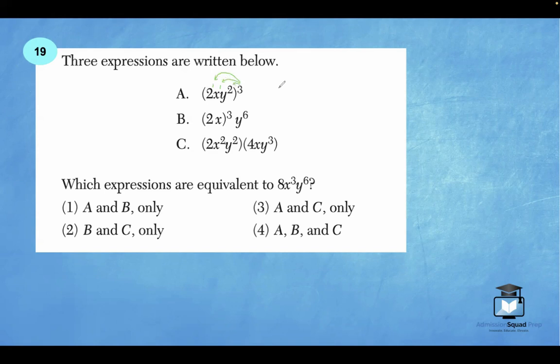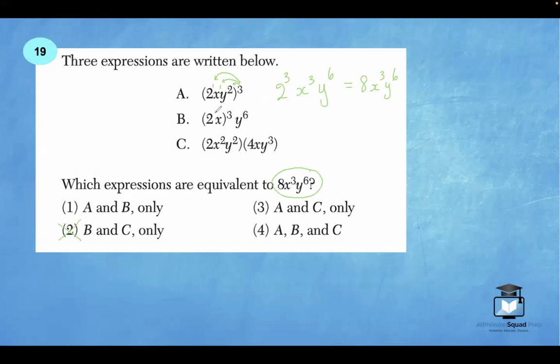So 1 times 3 is 3, so we have 2 to the 3rd power. 1 times 3 is 3, we have x to the 3rd power, and 2 times 3 is 6, we have y to the 6th power. So we end up with 8x cubed y to the 6th. That looks very much like what was given in the original problem. So we know that A is a part of the final answer. So let's get rid of answer choice 2.